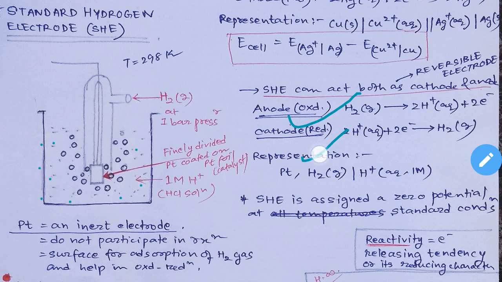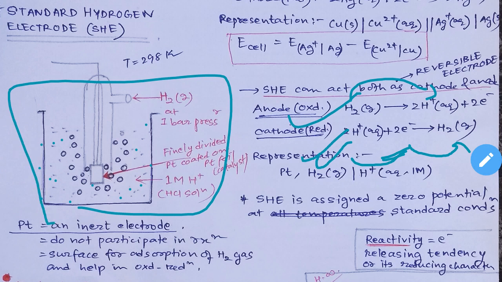So when reduction has to take place, this H plus ion from the aqueous solution takes up the 2 electrons from the platinum surface which were left out by the H2 gas, and it will change to gaseous form, like H2, again forming H2 gas. In this way the standard hydrogen electrode is acting as both a cathode as well as an anode. That means oxidation and reduction in this very cell only are taking place, you can see.